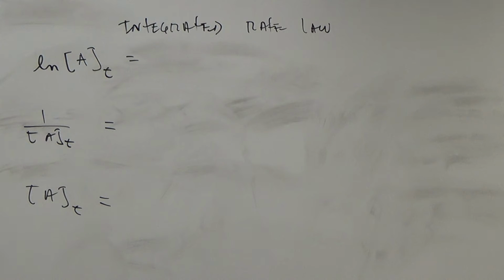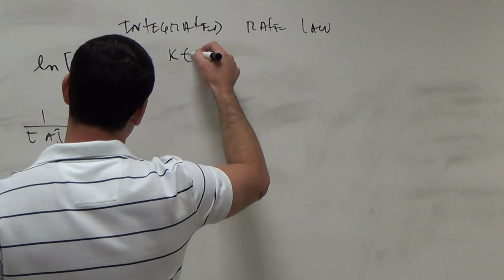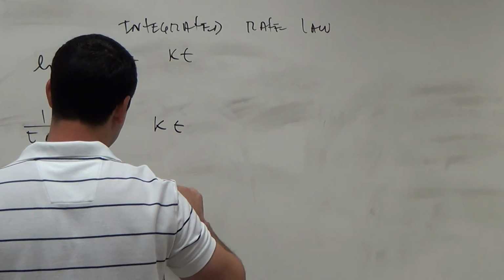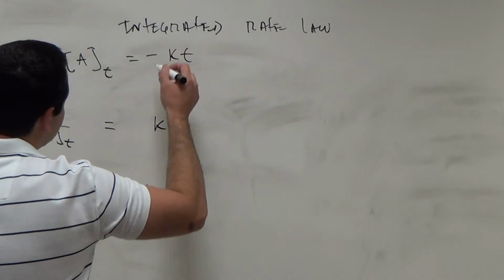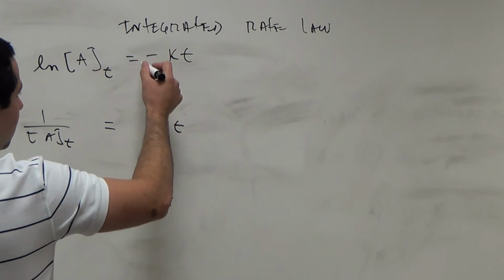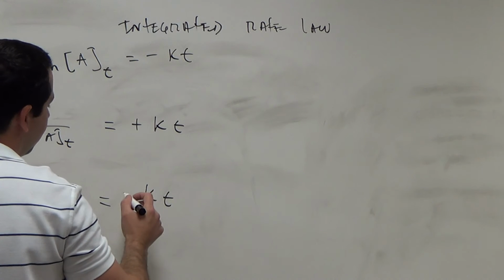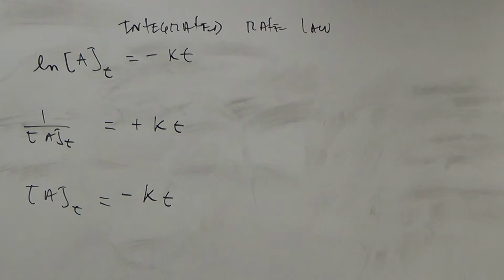They all have an equal sign, and they all have kt: kt, kt, and kt. There are signs in front of this, either negative or positive. We're going to start with the negative, and then they will go negative, positive, negative, because two negatives next to each other is not a good thing.